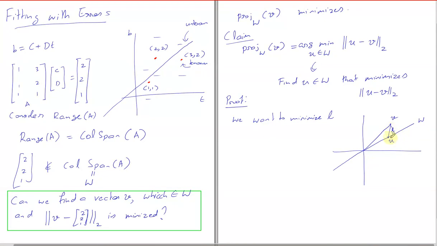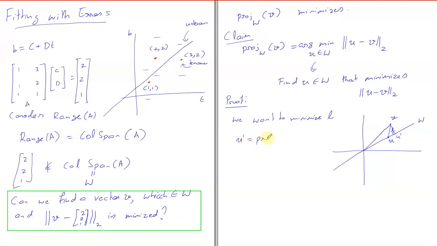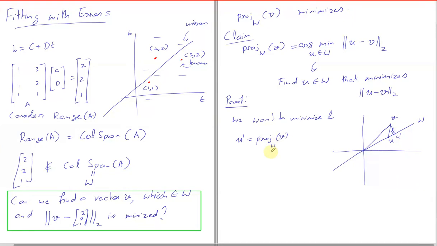So if u becomes further than this, or before this, this length is going to increase only. Now, this point u prime, which minimizes, is nothing but the projection of v onto W. That's a geometric way to see it.